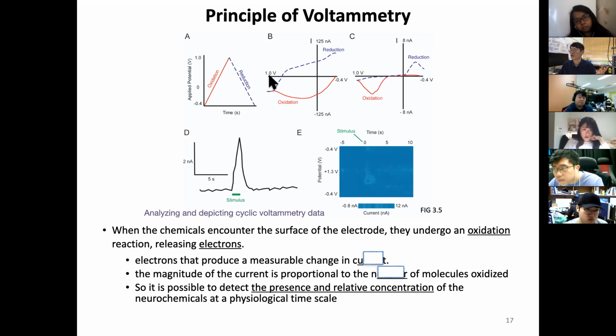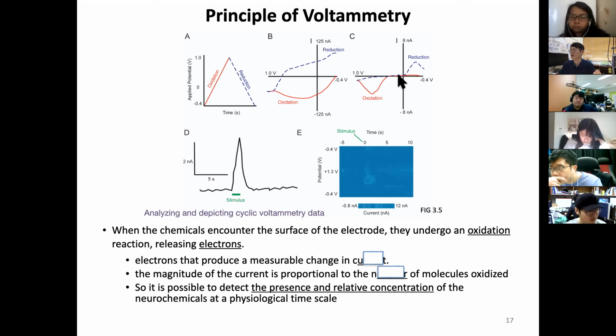When you apply voltage, like from -0.4 to +1 and then go back for reduction, you get a current and voltage diagram, but there is a lot of noise involved. So you have to subtract the background, and then this is what you get. This looks like a so-called hysteresis diagram.